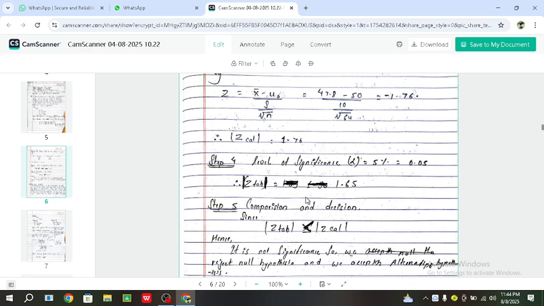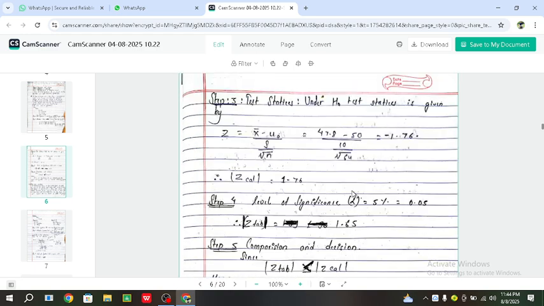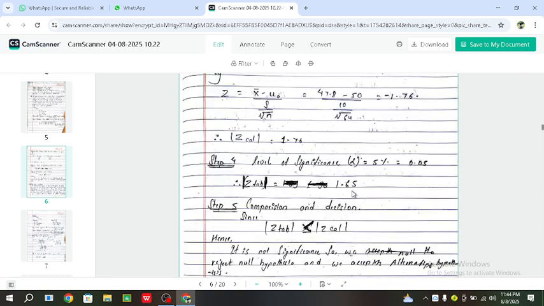Now I know how this 1.65 came, because this 1.65 came from the tabulated value. The table is given, or in the question only the level of significance is given. For 5% it is 1.65, for 1% it is that much, for 10% that much. In the tabulated value it will be given; just compare between these two.